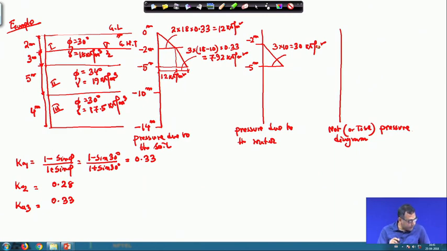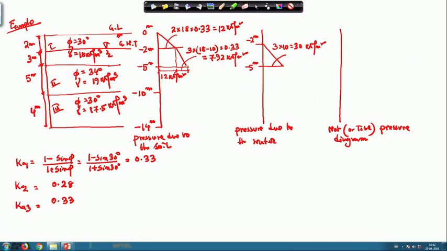Now, as I mentioned, if there is a change in layer and a change in property, then we have to take each interface, the earth pressure for the top layer and the bottom layer. So, in the second layer also we will calculate the earth pressure.